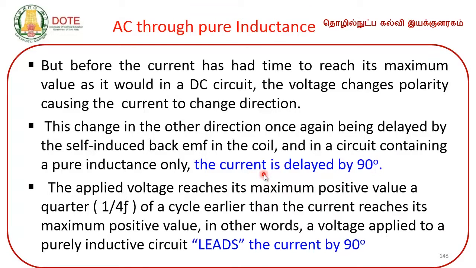So current lags behind the voltage. One point you have to understand very clearly: when an AC voltage source is connected across the coil, the voltage drop across the coil and the current flowing through the coil have a phase difference of 90 degrees. Current lags behind the voltage, right? Voltage leads the current by 90 degrees, right?